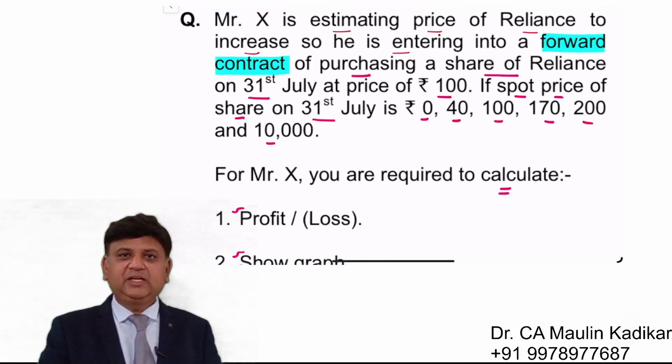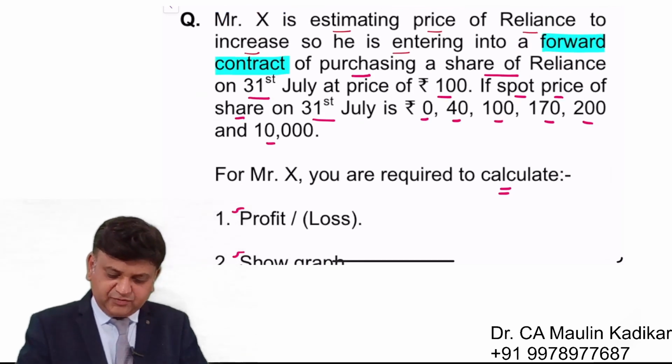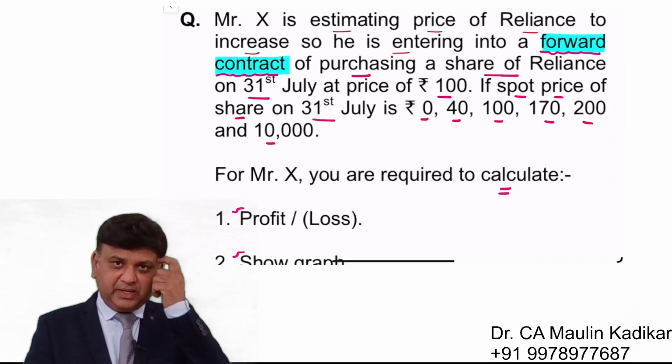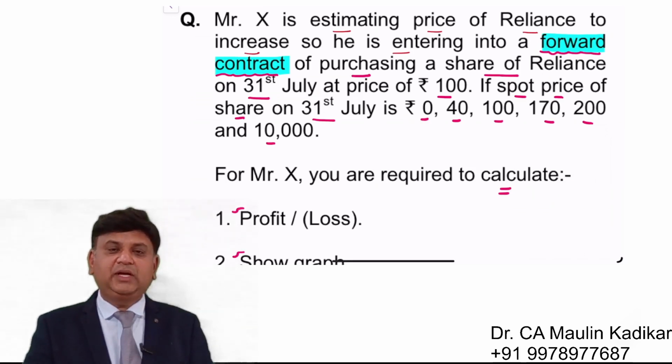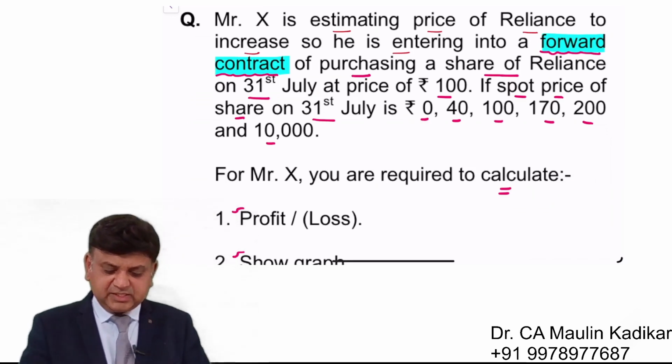Dear students, we are starting with the first derivative transaction, and that first derivative transaction is forward contract. I request all of you to pay attention. Let me explain to you the forward contract as a derivative transaction. Understand carefully.